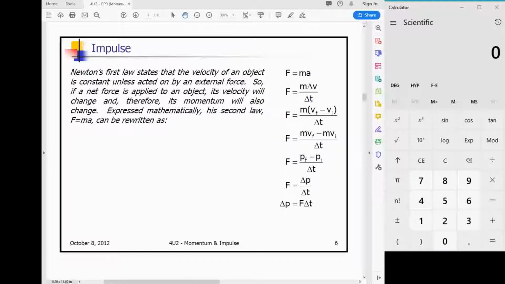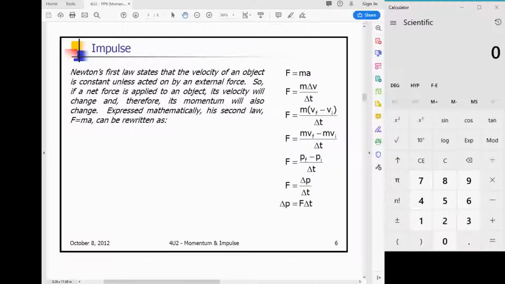So let's look at F equals ma, and a is the change in velocity over the change in time. So that can be written as Vf minus Vi over the change in time. And then if we expand that, we have m times Vf minus m times Vi. Anytime we have a mass times a velocity, what we're finding is a momentum.